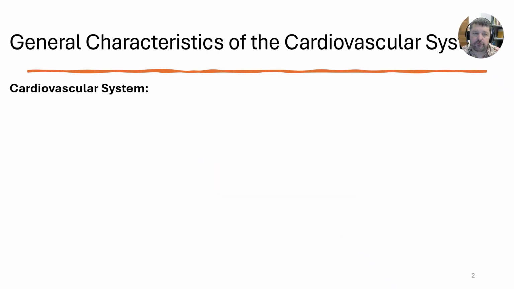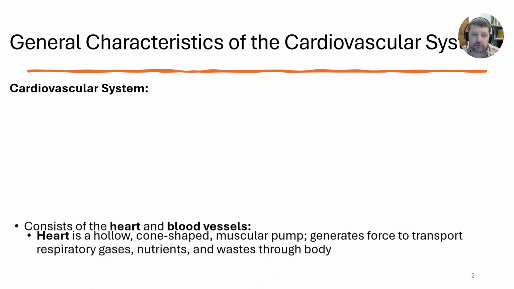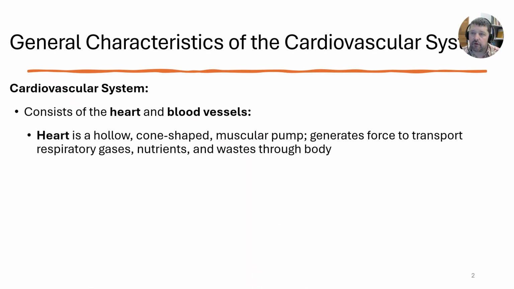All right, so in general, what is the cardiovascular system? Okay, it's the heart and the blood vessels that are associated with it. Most of you know that the heart is a relatively large muscle, and its function is to pump. It's a functional pump, so it pumps both deoxygenated blood and oxygenated blood.